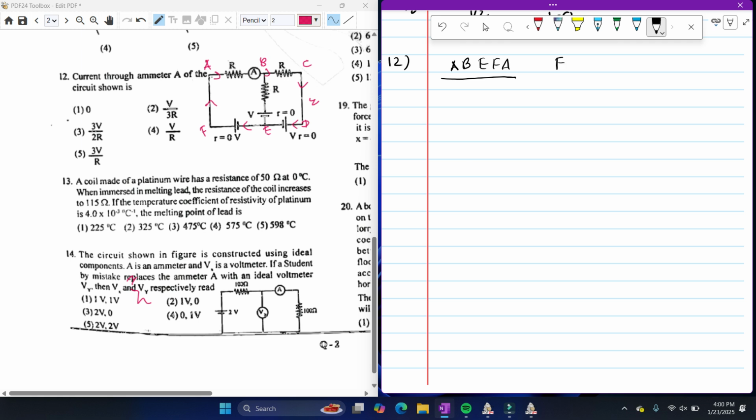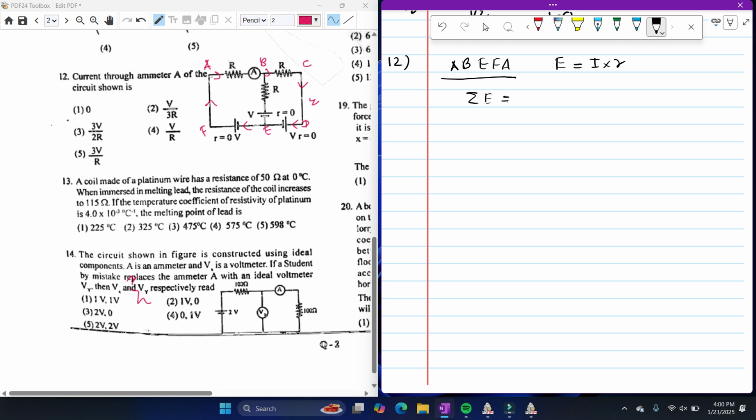Here the Kirchhoff rule states that the summation of EMFs is equal to the sum of currents into the resistances, E equals IR. So sigma E equals the IR summations.